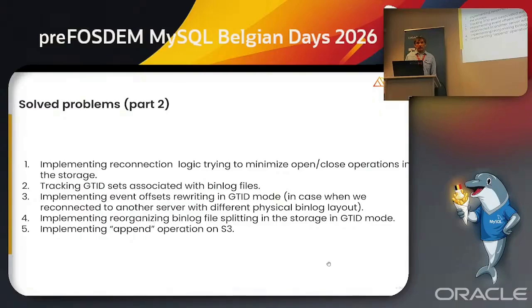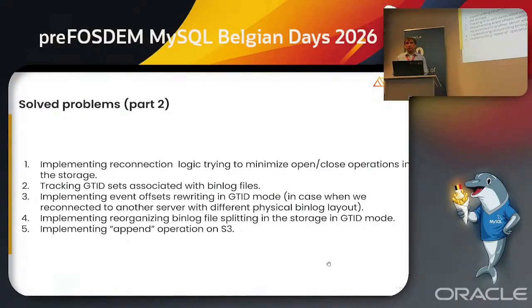For GTID mode, similar to what Shlomi showed us, we do some renaming of binlog files, just for a simple scenario when we were working with one server in the topology, then it went down and we reconnected to another one.